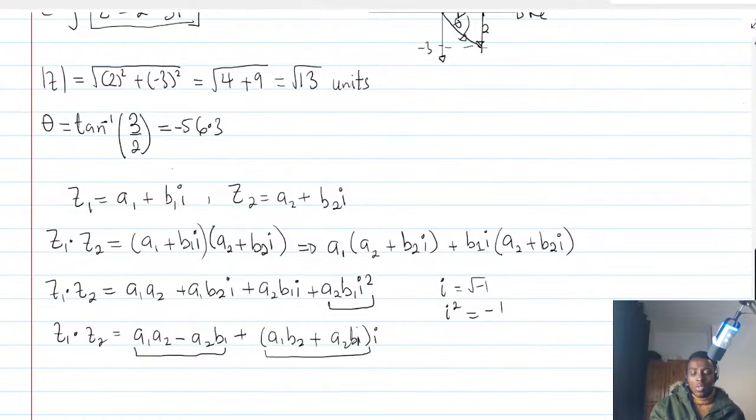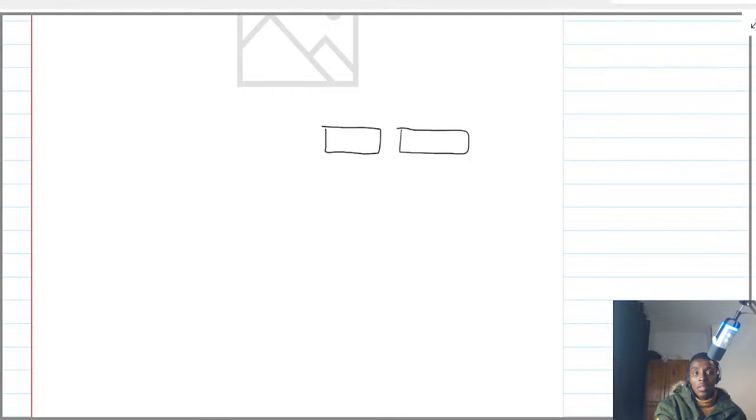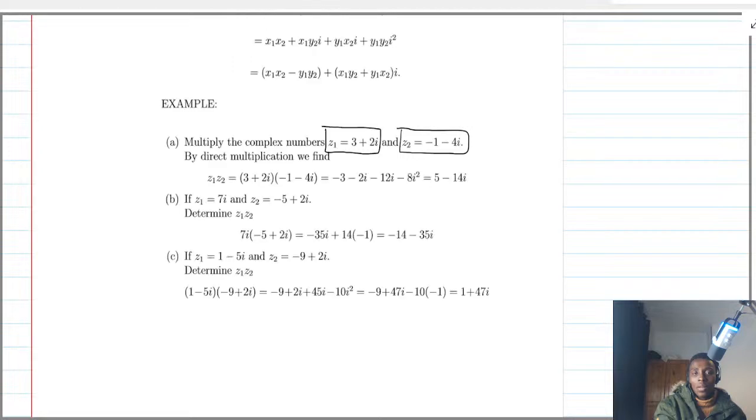So Z1 is 3 plus 2i, and then Z2 is minus 1 minus 4i.